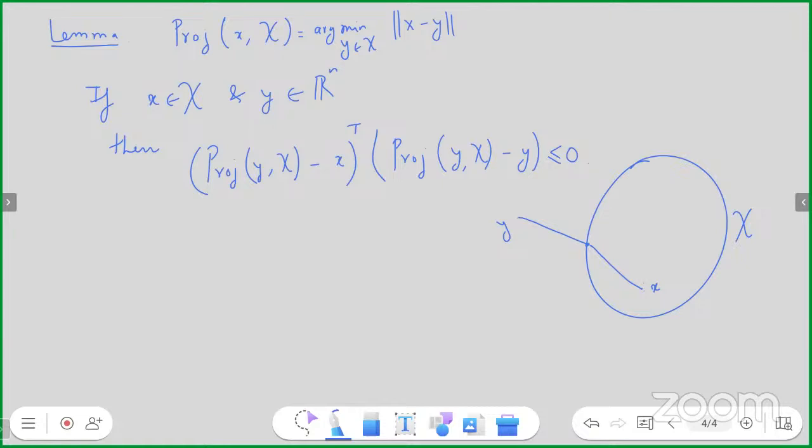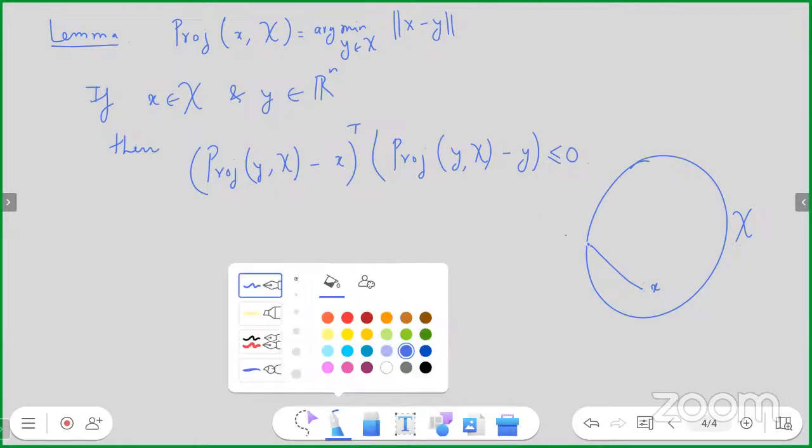Then the angle between them would be obtuse. But why should it be obtuse? If we take a supporting plane, the picture should be slightly lower, things will be easier to think. Let's take y here.